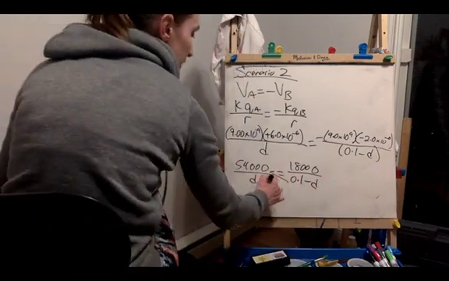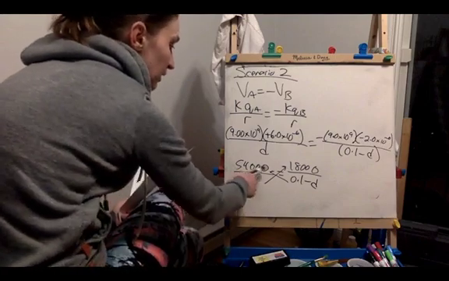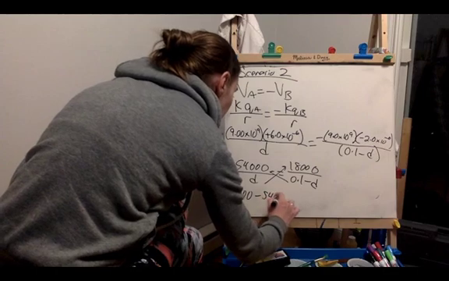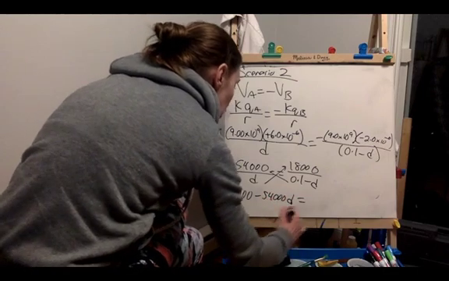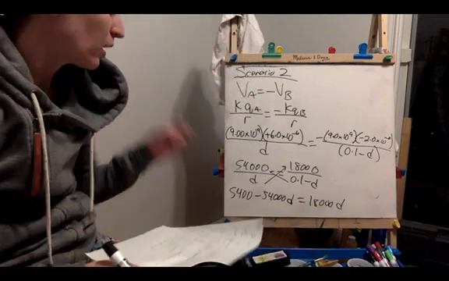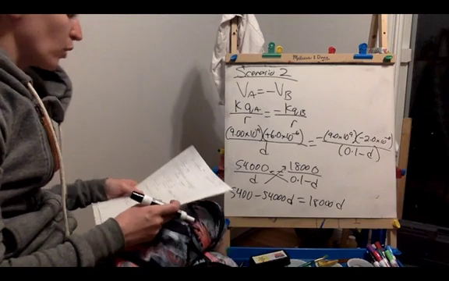Cross multiply again here. So when you do that, you end up getting 5,400 minus 54,000 D is equal to 18,000 D. Once again, add your 54,000 to both sides.